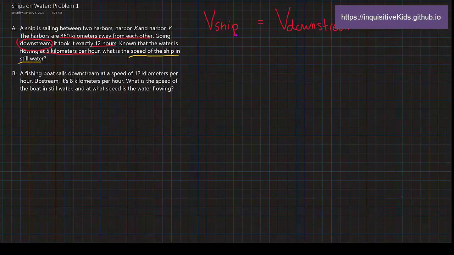We know this because the velocity of the ship plus the water equals the velocity of downstream, which in turn means that if we're trying to find the ship speed, all we have to do is subtract the water speed from the downstream speed.